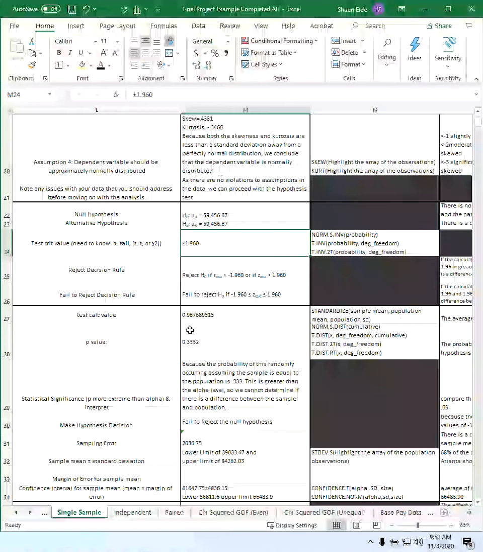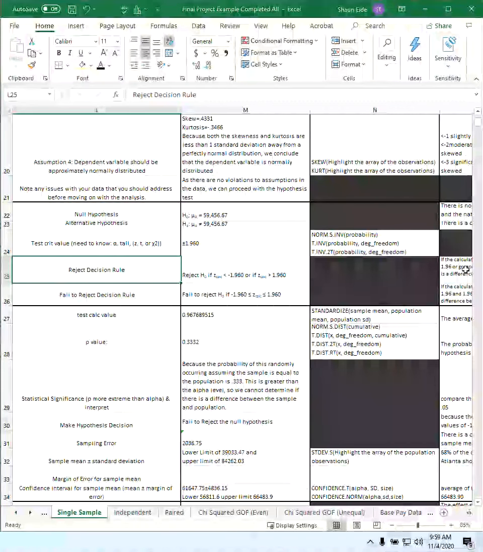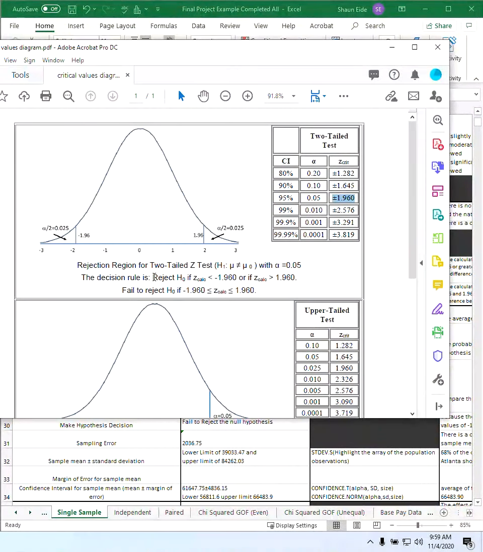So this is the reject decision rule: reject the null hypothesis if zcalc is less than negative 1.96 or if zcalc is greater than 1.96. And notice, I literally have the decision rules right here for you: fail to reject, reject.